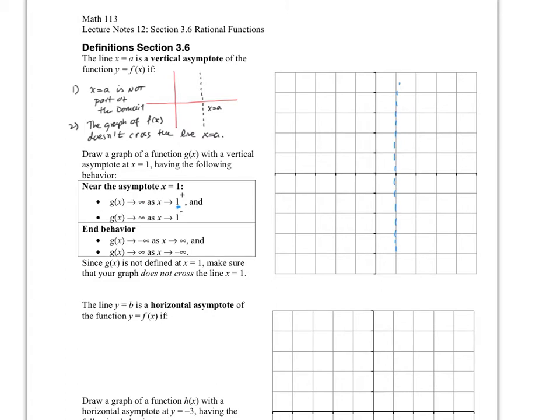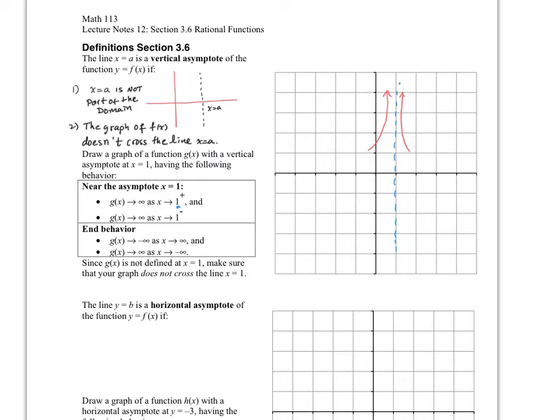And when x approaches 1 from the left side, it also has to go to infinity. So when you're getting closer and closer to 1 from the right side or the left side, the graph has to go to infinity like this. Remember, you cannot cross a vertical asymptote. Now, this part takes care of this.